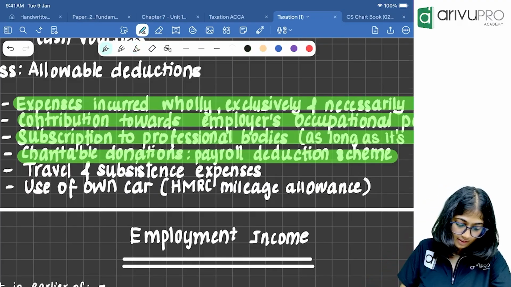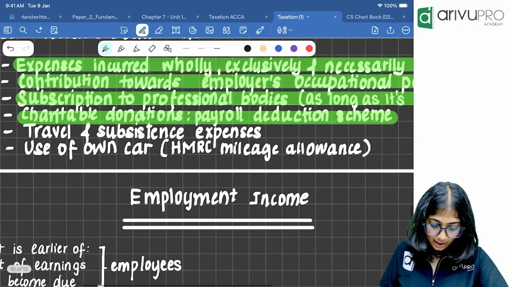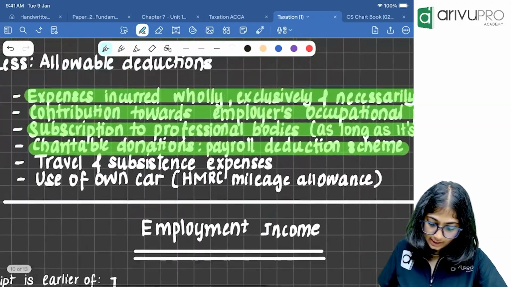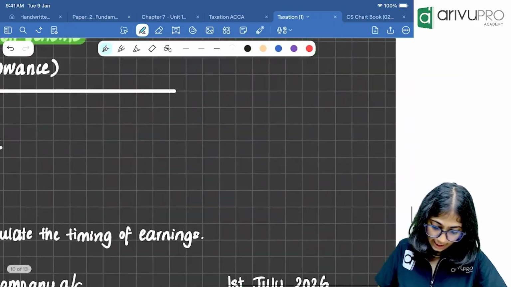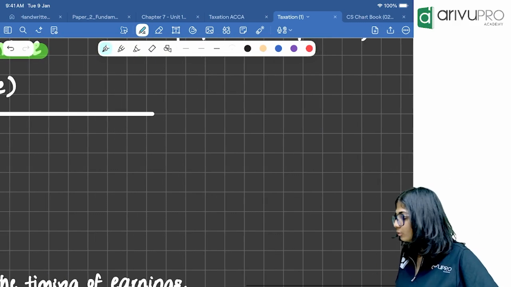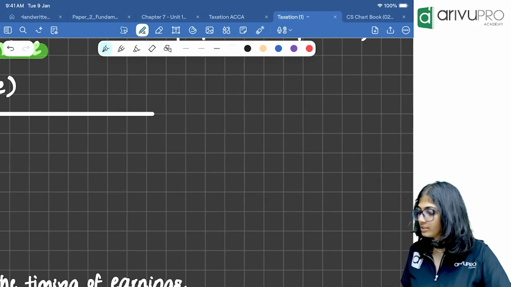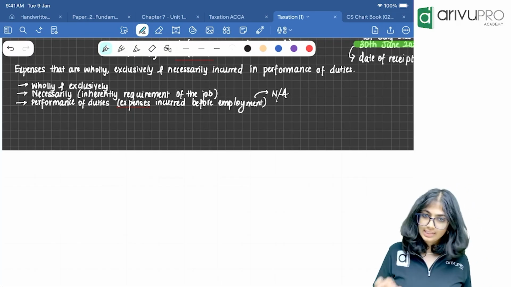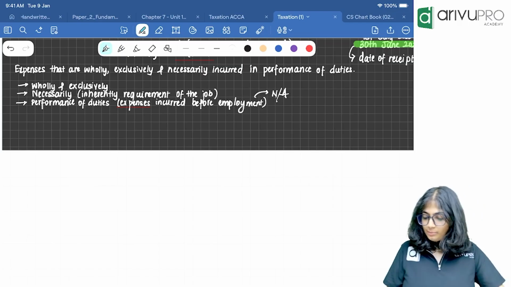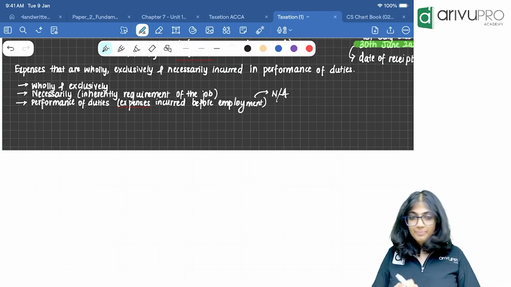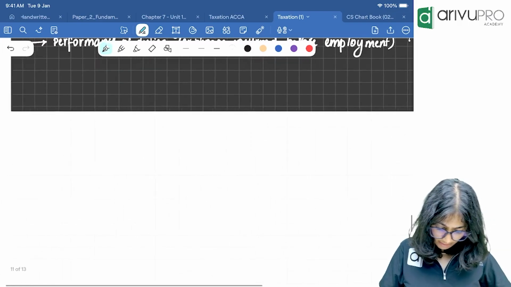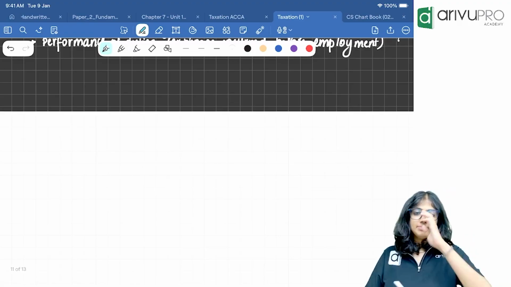Now, that's one thing. Travel and subsistence has a special rule. So let's write it over here. It's a small rule. Let's just look at it once. When it comes to travel expenses, it's obvious.